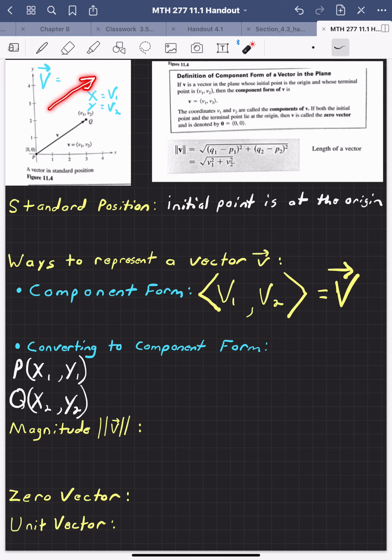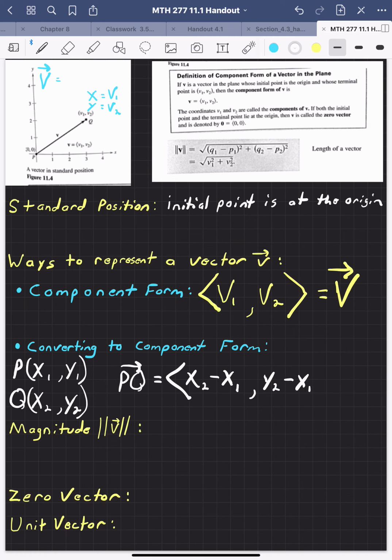Well, the way you do that is very simple. You're just going to subtract component by component. We're going to take x sub 2 minus x sub 1, comma, y sub 2 minus y sub 1.